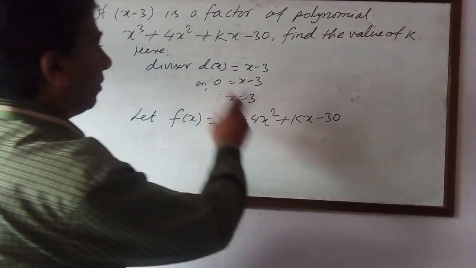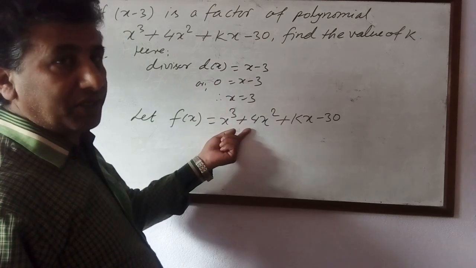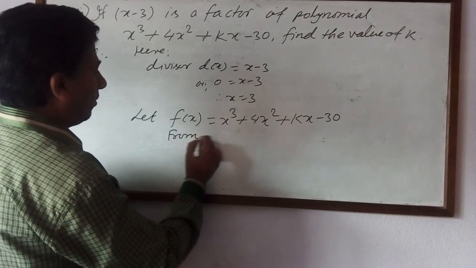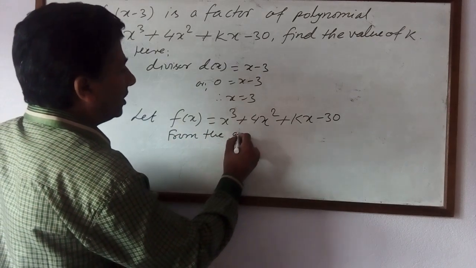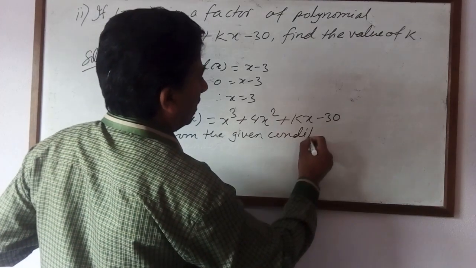Now from the given condition, what is our given condition? The divisor is a factor of this polynomial. You have to understand the question clearly.